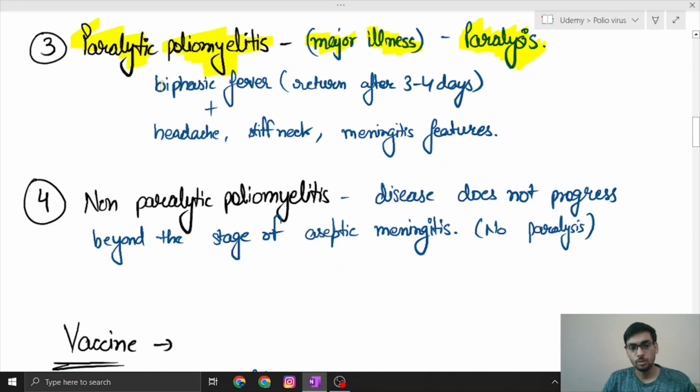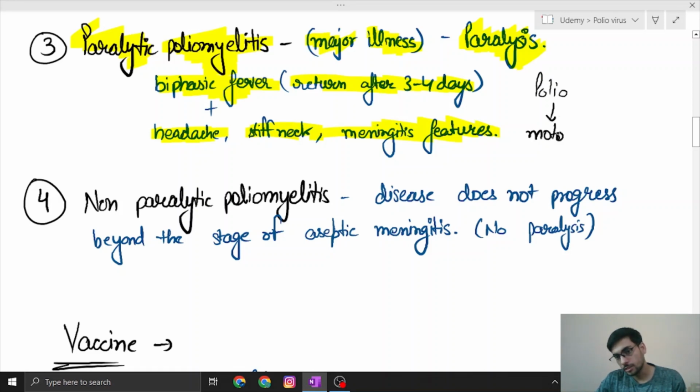Okay, and actually before paralysis, a biphasic fever occurs, which returns after every 3 to 4 days, and a patient might suffer from headache, stiff neck, and meningitis-like features. Okay, after that paralysis can occur, when polio affects the motor nerve ends.